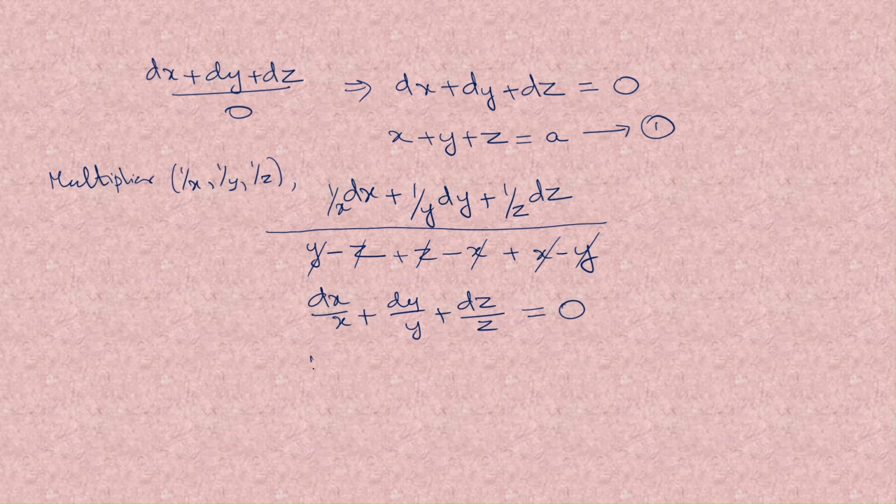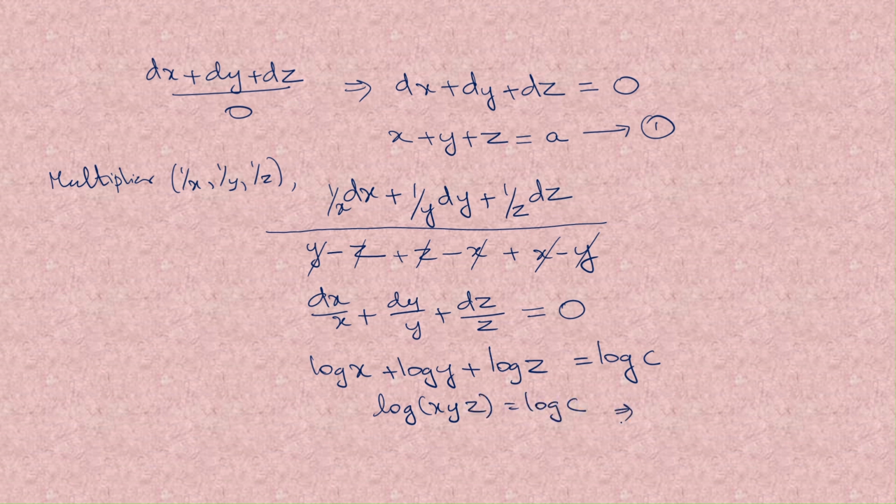On integration, this gives log x plus log y plus log z is equal to some constant, let it be log c. This can be written as log of xyz is equal to log c, which implies xyz is equal to c. This is solution number 2.